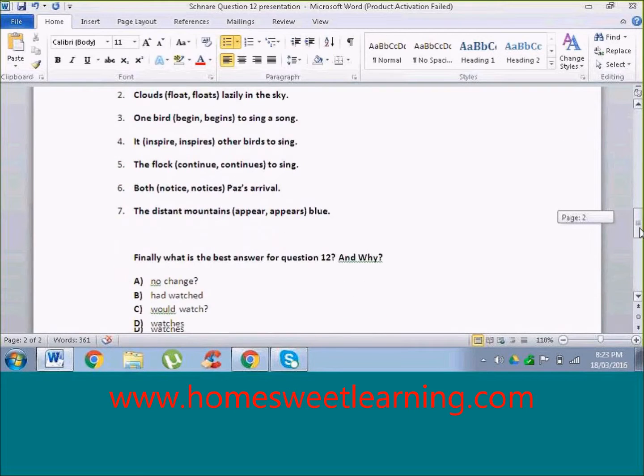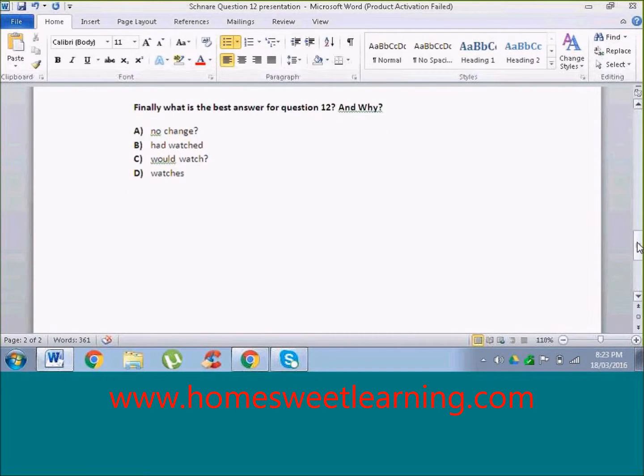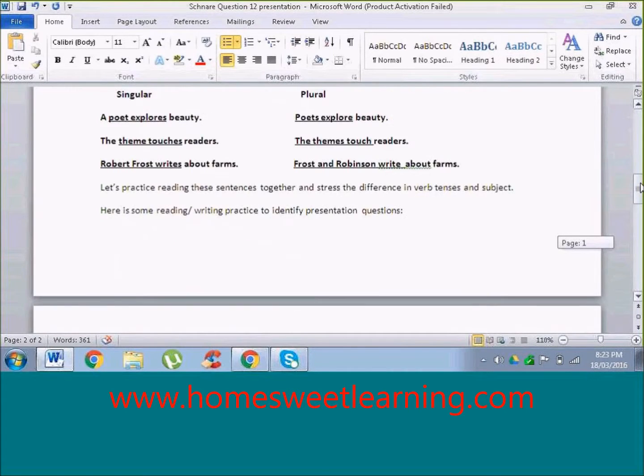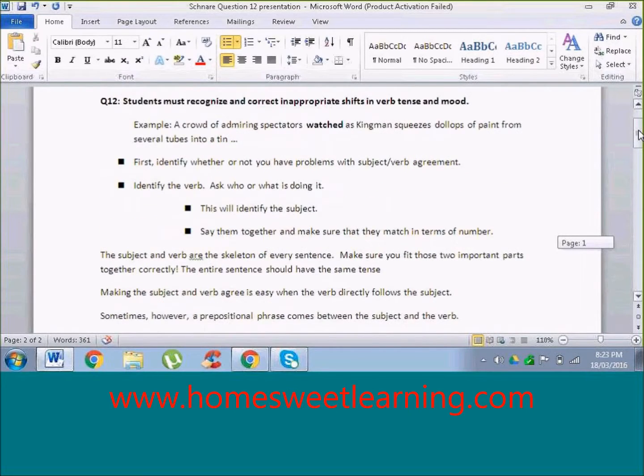So finally, I would reflect on question number 12. I would ask, why is the answer correct? For question number 12, why is D the correct answer? And so having fun, going through the practice questions, discussing the theory, and also looking at the rules that we really have to focus on when we're analyzing an SAT question.